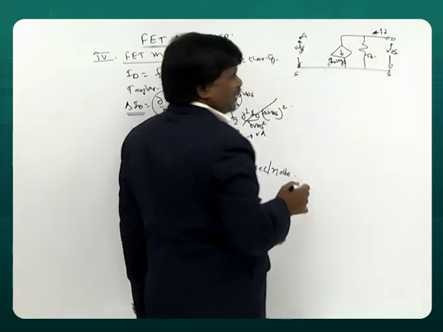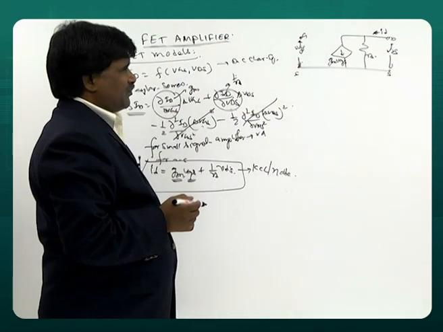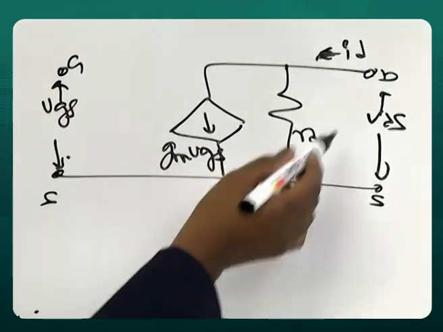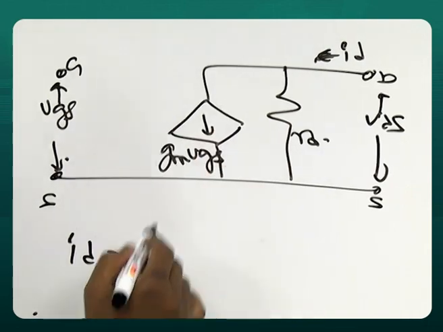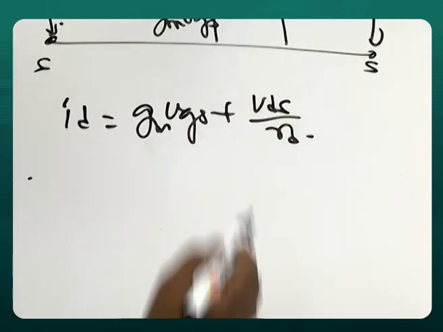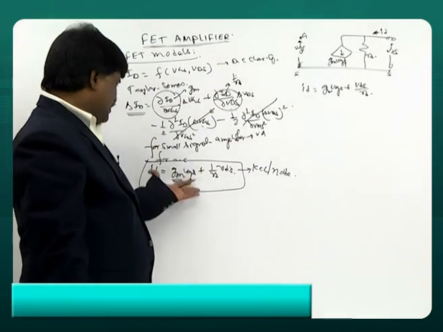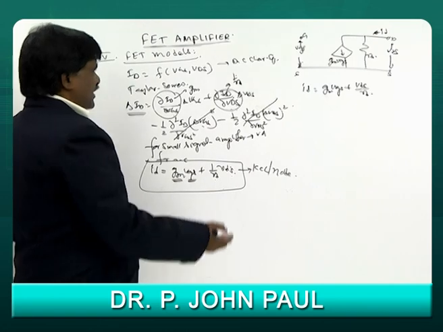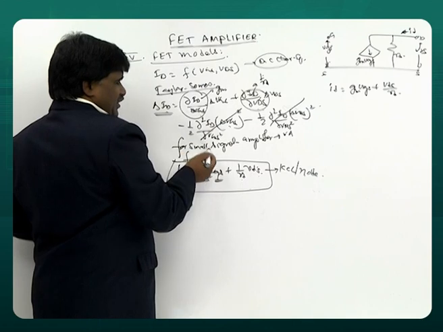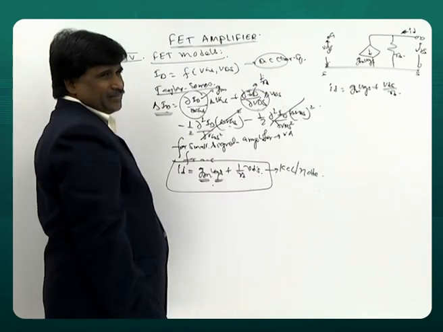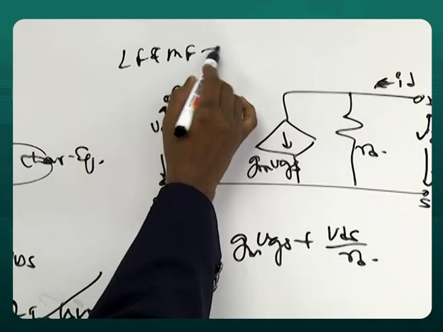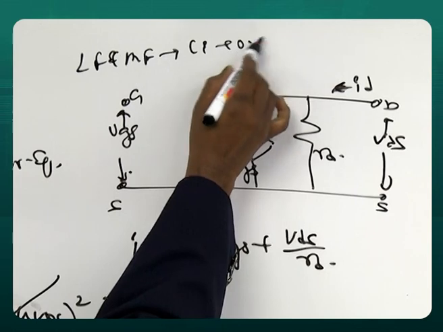So this is how we have this connection. So ID is, if you write this KCL once again, current entering is equal to leaving. VDS by RD. Same thing comes. So please enjoy this. There is a DC equation. I applied Taylor series, converted into AC, you got the model. And this is the model called low frequency and mid frequency because internal capacitors are open circuit.